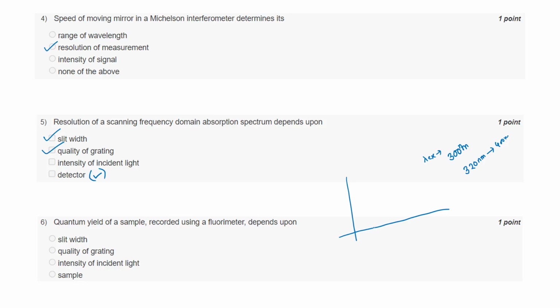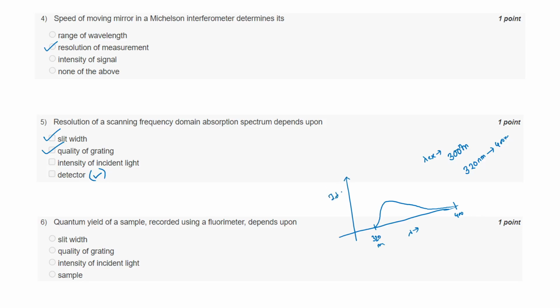Generally, when we record an emission spectrum, we try to avoid the first order and the second order diffraction, and record something like this. Suppose this is my emission spectrum, starting from 320 nanometer to 400 nanometer. This is the lambda scale, and this is obviously intensity.